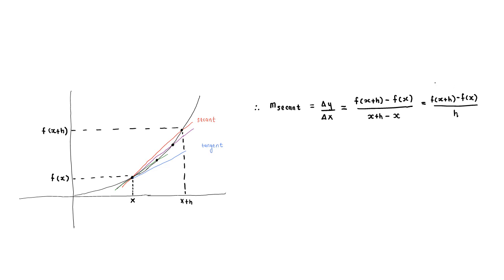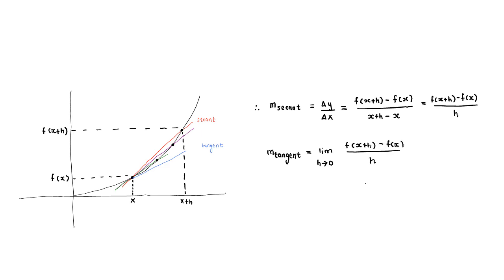But if we want the gradient of the tangent line, then we have to take the limit as h tends to 0 of the gradient of the secant line, which is f of x plus h minus f of x all divided by h.